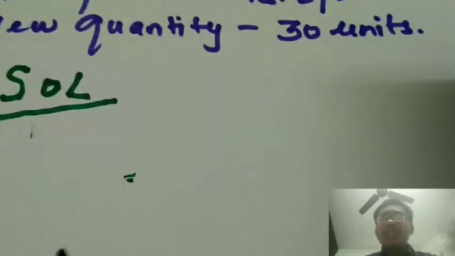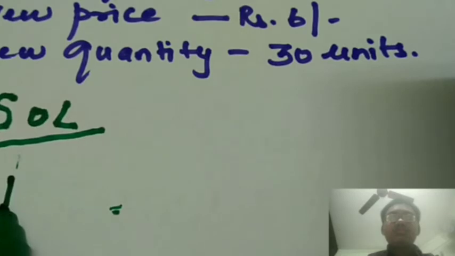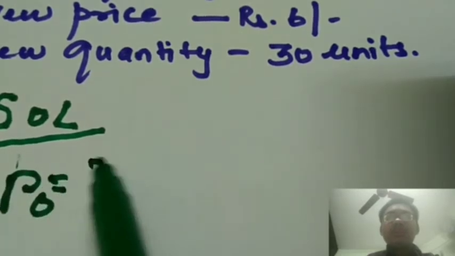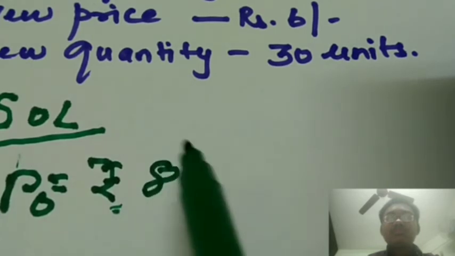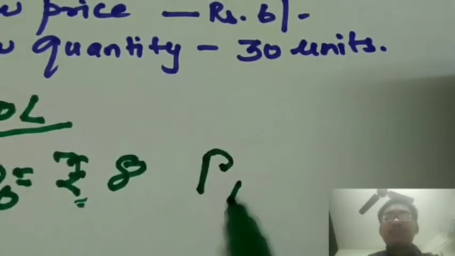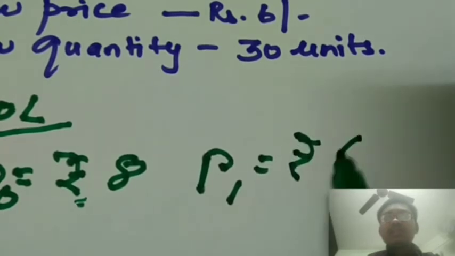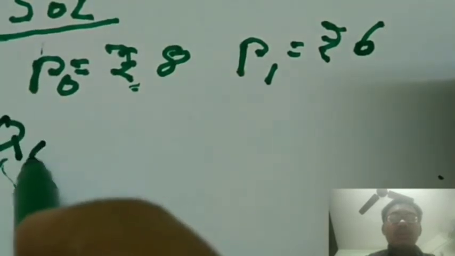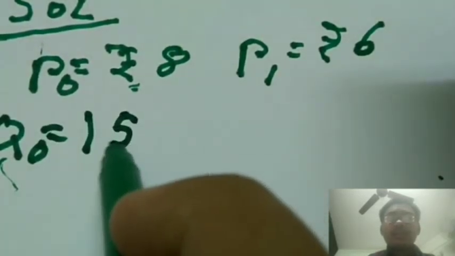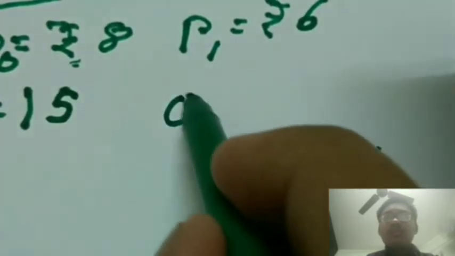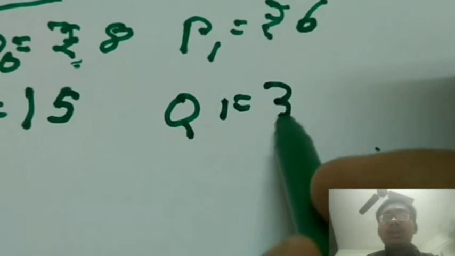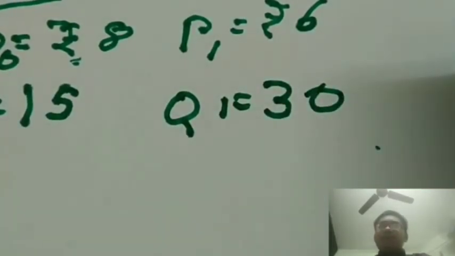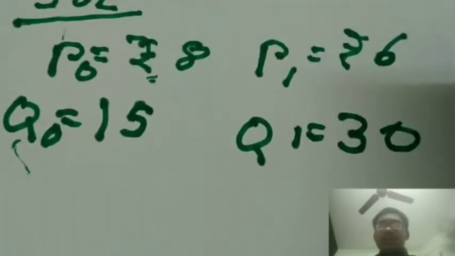Now we'll just jot down what we have. P0 is equal to rupees 8 and P1 is equal to rupees 6. Q0 is equal to 15 units and Q1 is equal to 30 units. Now we will compute delta P and delta Q. We are not computing percentages.